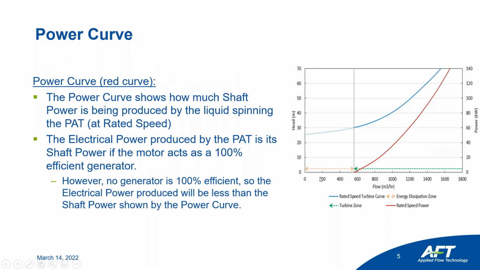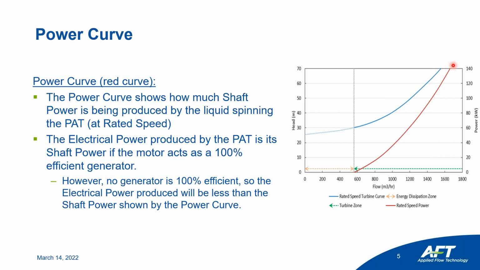The PAT also has a power curve, which you can see as this red curve. This is the power that the fluid is enacting on the impeller and applying to the shaft. So this is the power the shaft of the PAT has.